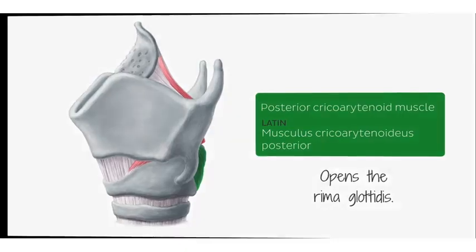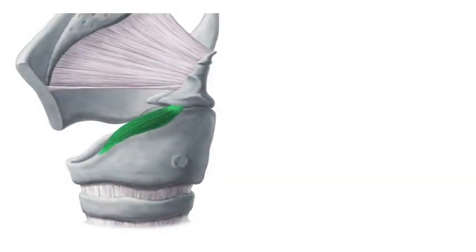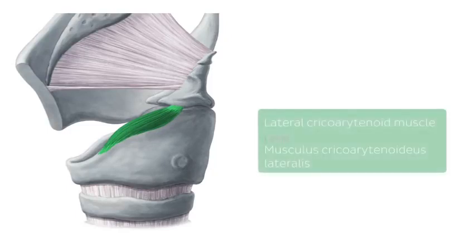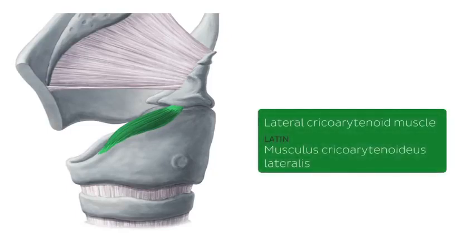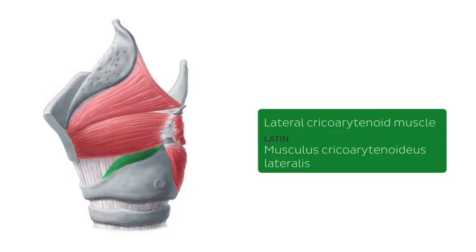The next muscle on our list is this one that you see on the screen right now. This is known as the lateral cricoarytenoid muscle. As you notice, it originates from the lateral portion of the arch of the cricoid cartilage, and then inserts right next to the posterior cricoarytenoid muscle on the arytenoid cartilage, as you can also see on this image.